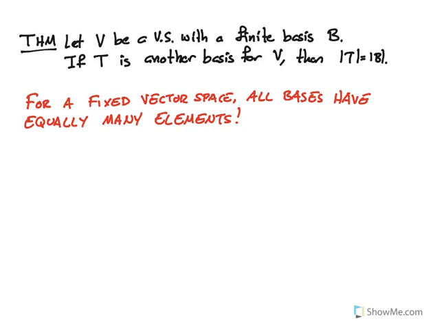So if we want to make this precise mathematically, then we have our theorem here that says: let V be a vector space that has a finite basis B. When I say finite basis, I mean a basis B with finitely many elements. Then if T is another basis for the same vector space, then the number of elements in T equals the number of elements in B.